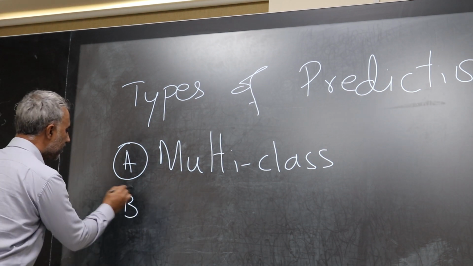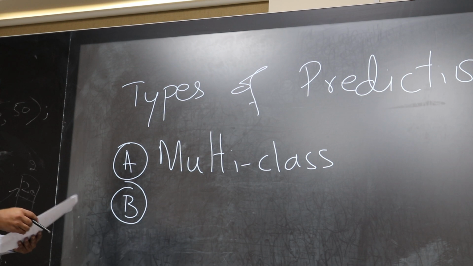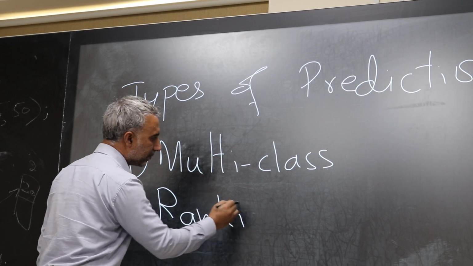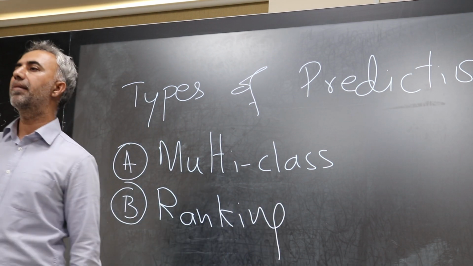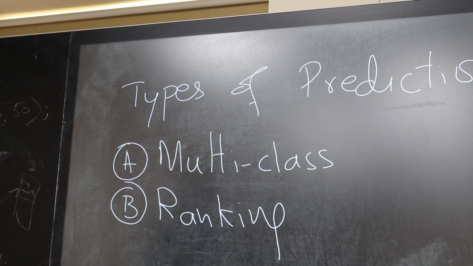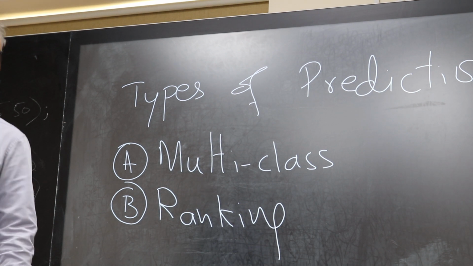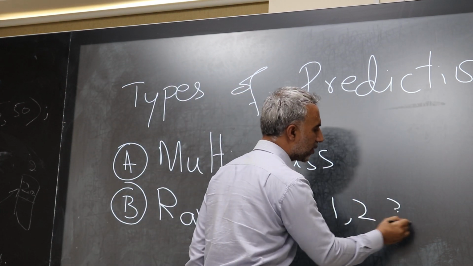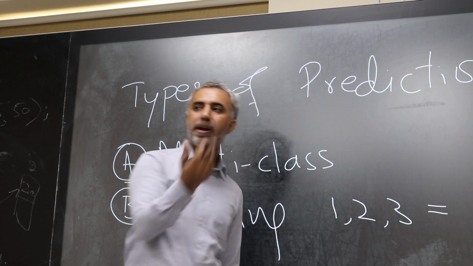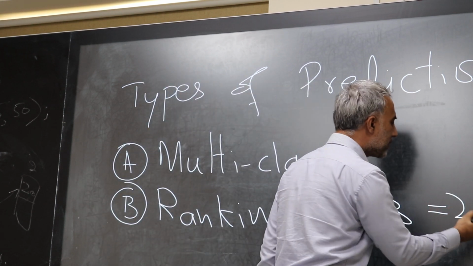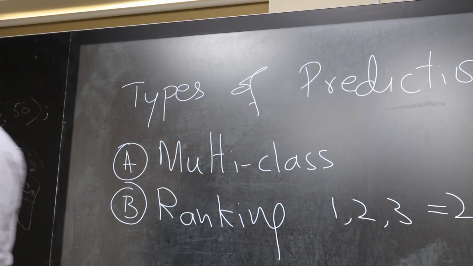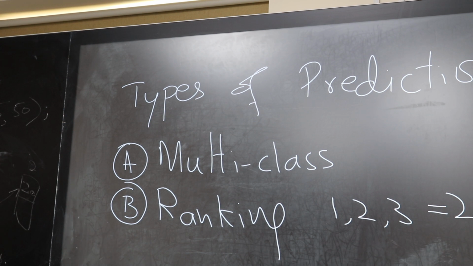In B case, you can also say ranking. For example, there are good students, bad students, or the topper and the lower. If we say first roll number, second roll number, third roll number, according to grades ranking, maybe 2 is at the first position, then 1 is at the second and 3 is at the third, kind of a permutation. So ranking is also kind of a classification.